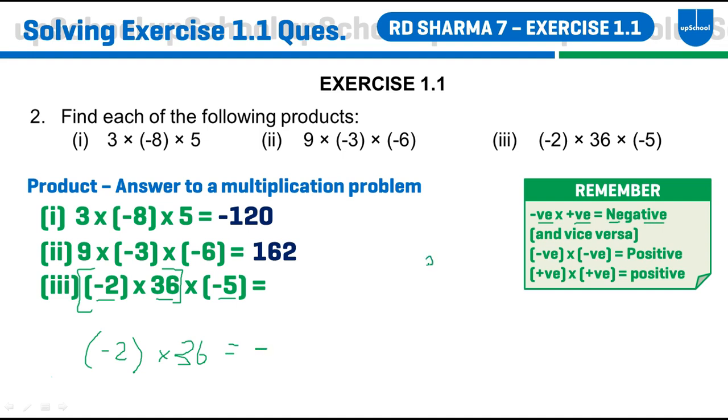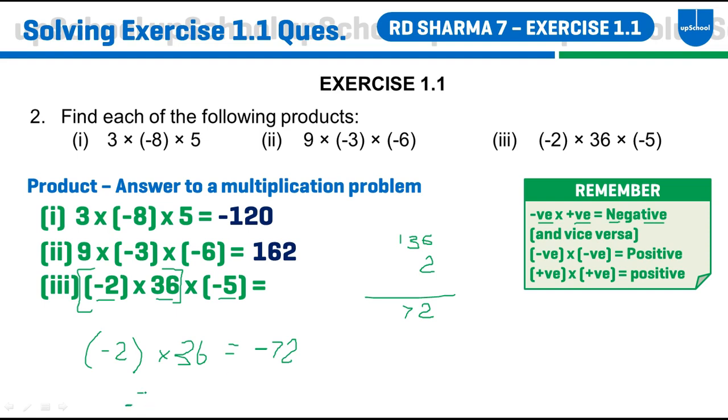Let's do 2 times 36, or 36 times 2, either one. 2 times 6 is 12, carry the 1. 2 times 3 is 6, plus 1 is 7. So 72. The answer is negative 72 for this chunk.